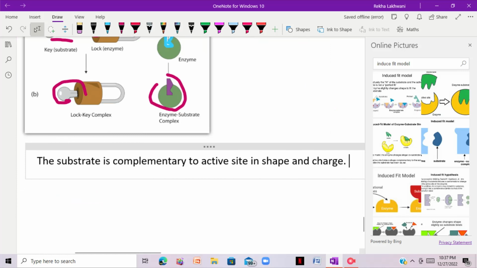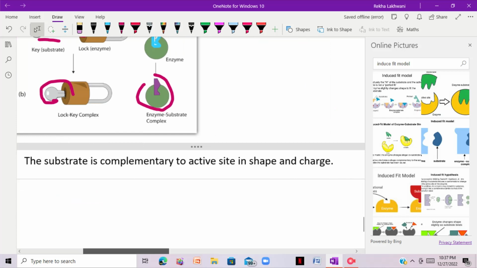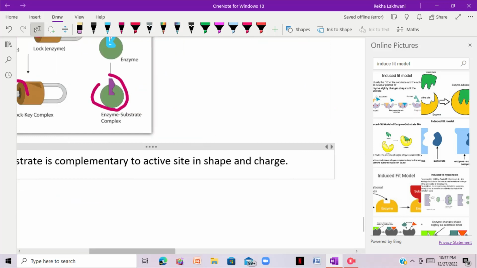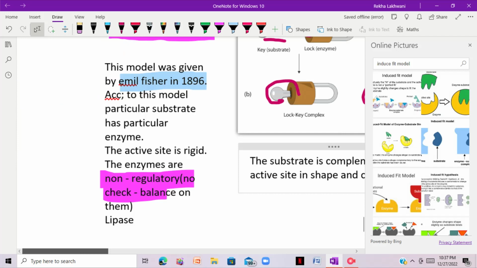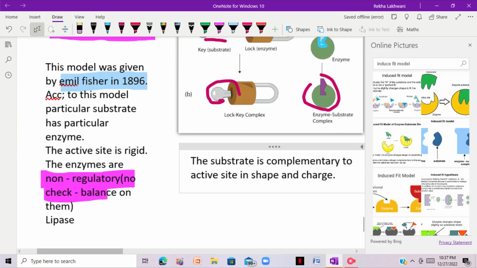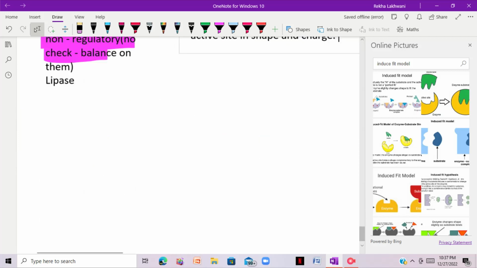Okay, now let's move to the second model, which is known as the induced fit model, right? Here we have the diagram too.